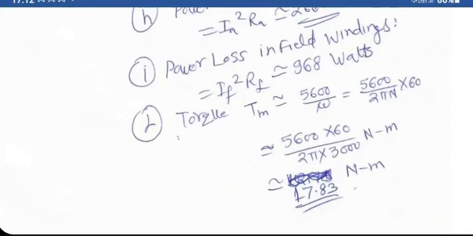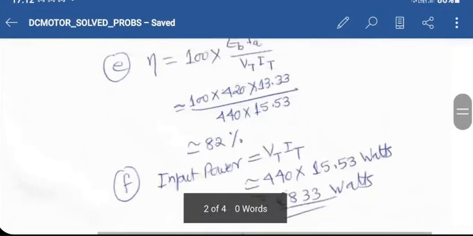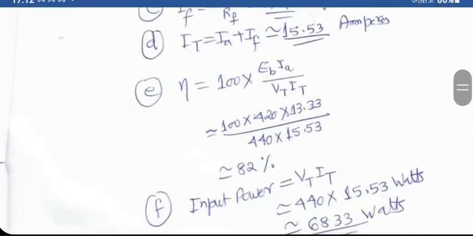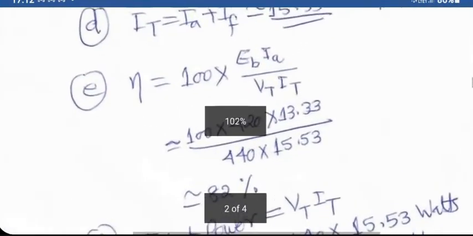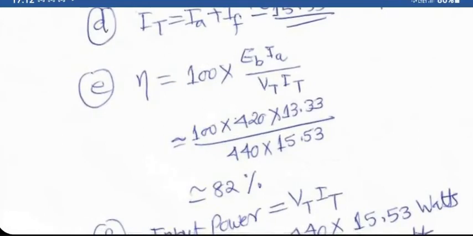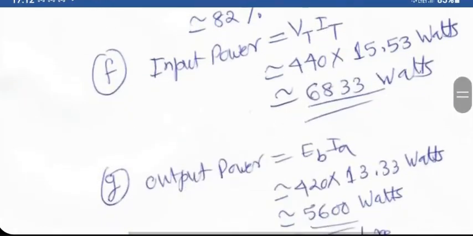Now, efficiency is simply output power upon input power. I can do it directly also without knowing losses. I know EB, I know IA, I know VT, I know IT. Or I could have done it after I have completed input-output power calculations. Then I take output power upon input power ratio and multiply the result by 100.